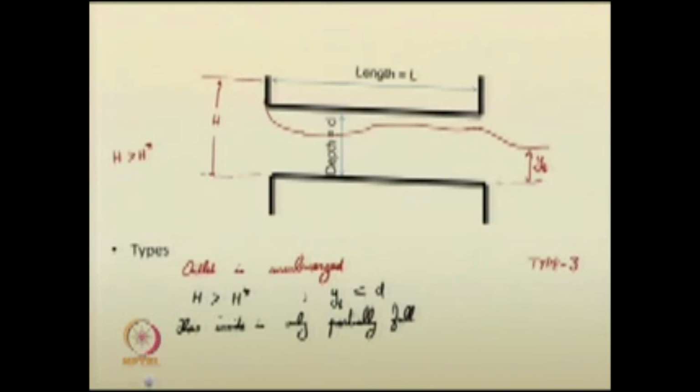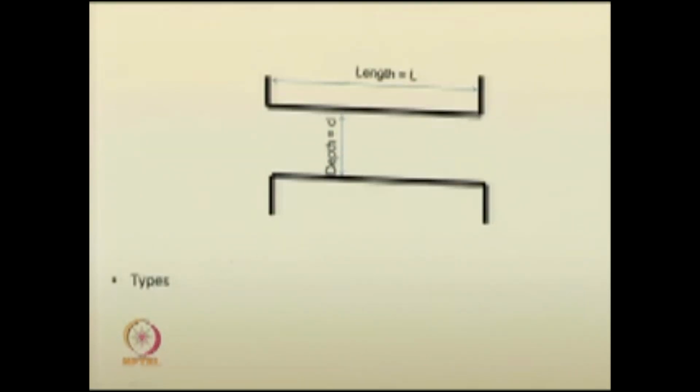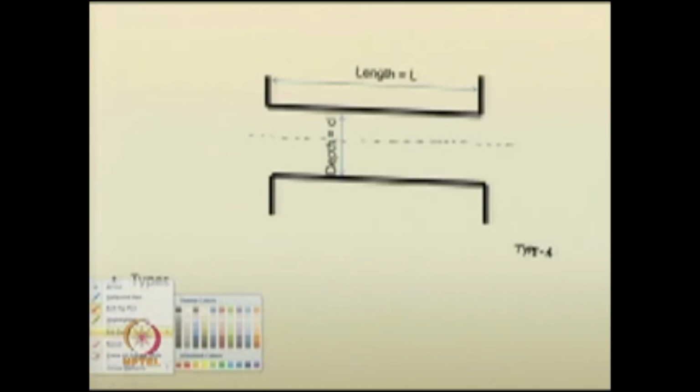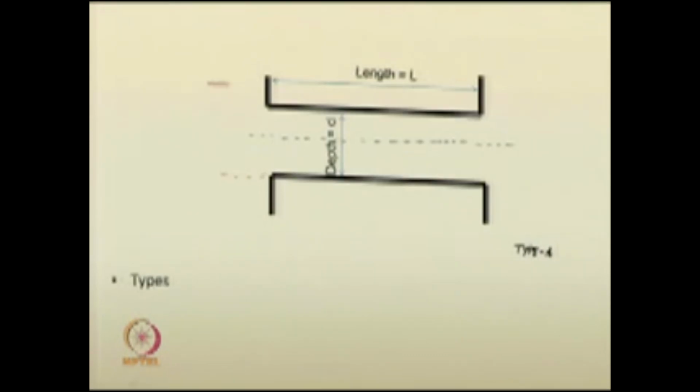You can also have another type of flow, that is type 4 flow. I will just draw what the type 4 flow is. Say inside the culvert, let this be the critical flow depth line. This is the headwater depth H, depth of the culvert D, this is the critical flow depth inside the culvert.